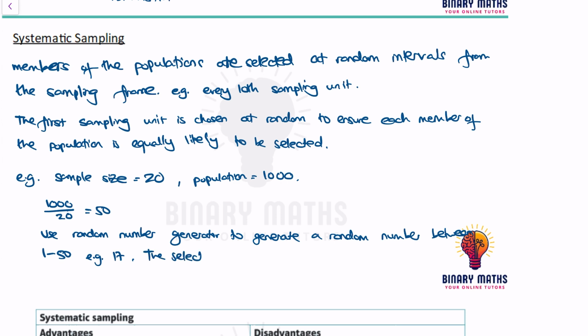Then select every 50th after the 17th, e.g. end up getting 17th, then 67th, then 117th, and so on.